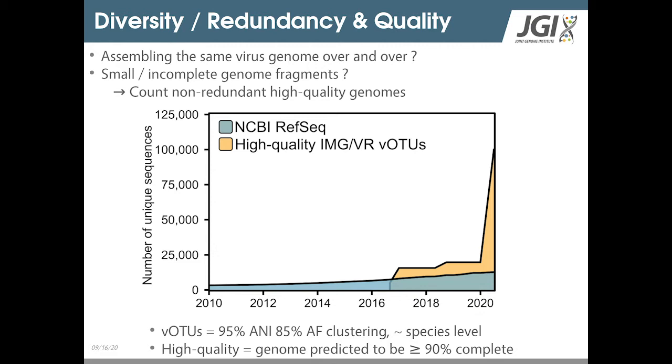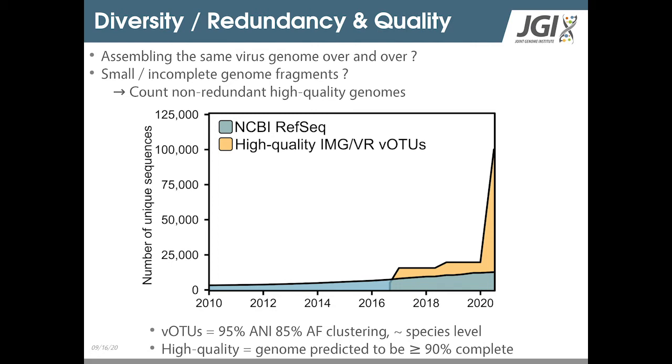The main difference is the y-axis here. You can see we are not in the millions range anymore. We have about 15,000 for NCBI, and we have 100,000 sequences for IMG-VR. So we still have the same ratio, where most sequences are obtained through metagenomes, even when you just focus on the non-redundant and high-quality genomes.